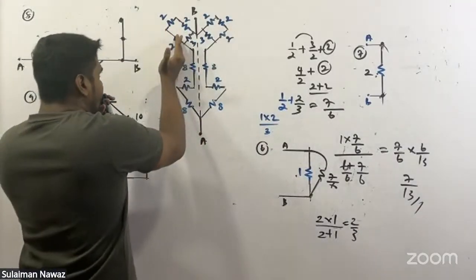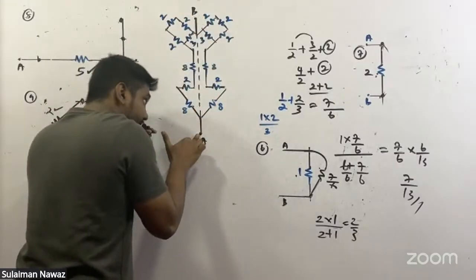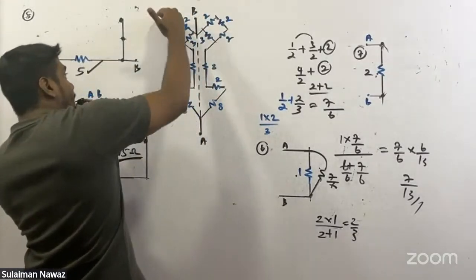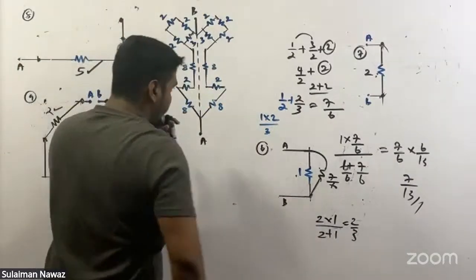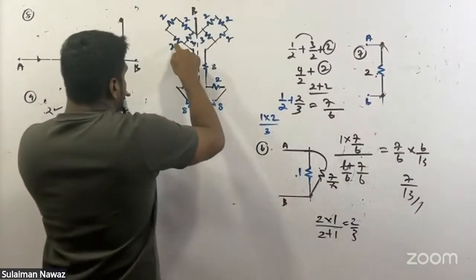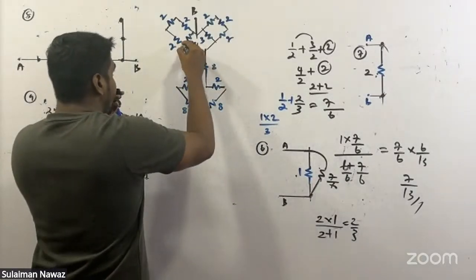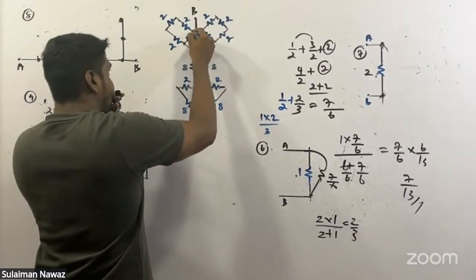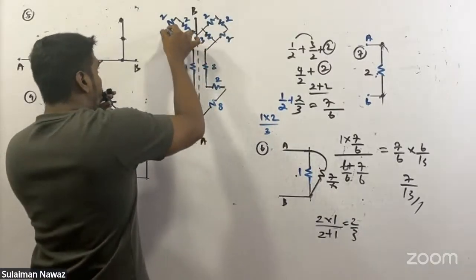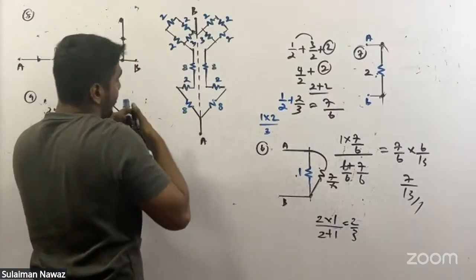I thought of finding the equivalent resistance between point B and point A on the left side of the system. Look here, between these 2 points, 2 ohms, 2 ohms, 2 ohms, they are in series. Am I correct?